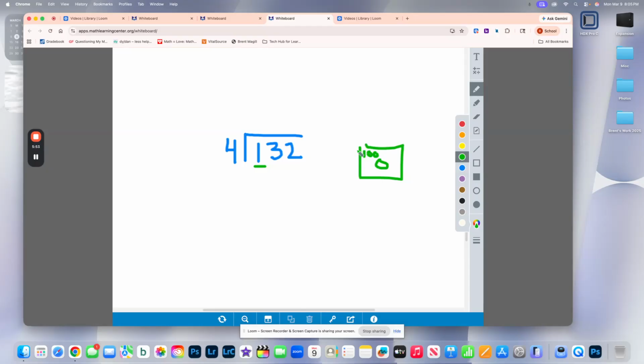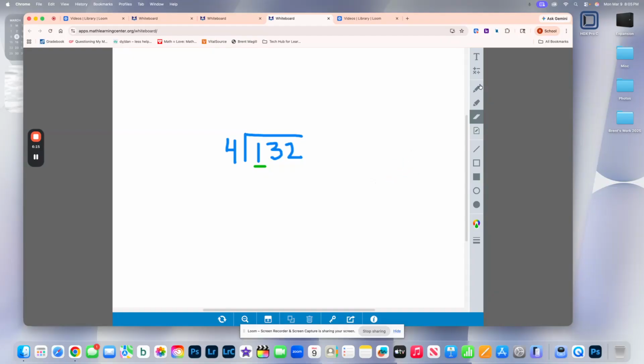My question is, can I divide that among 4 people equally? No, I only have one of them. If you look at the place value, there's only 1 in the hundreds place, so I cannot do that. I have to go to the next digit over.